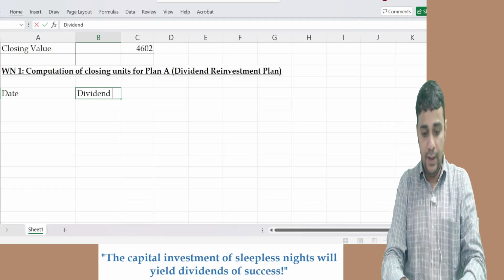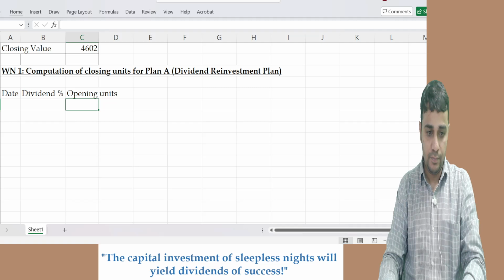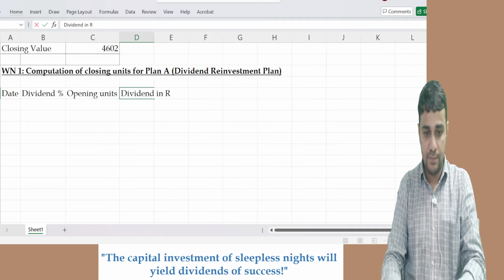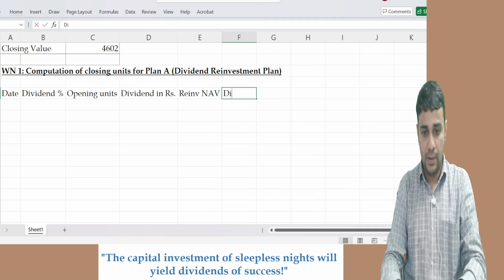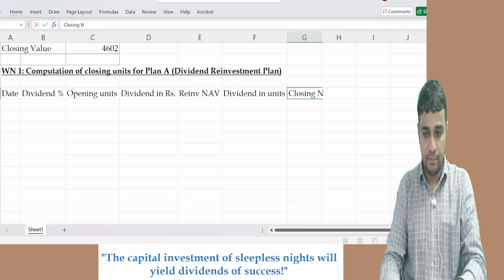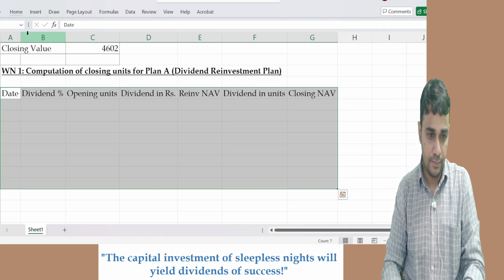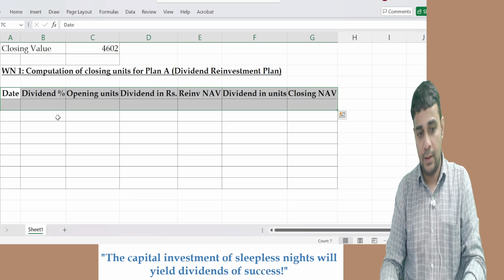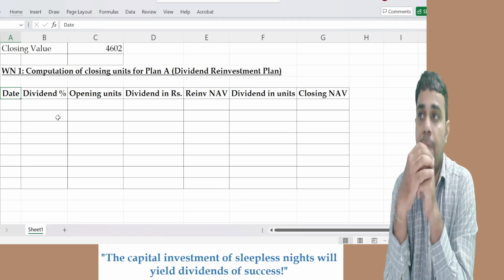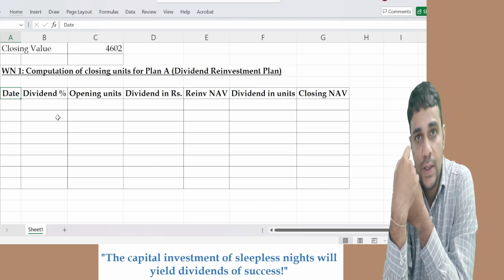Date, dividend percentage, opening units, dividend in rupees, reinvestment NAV, dividend in units, and closing NAV.